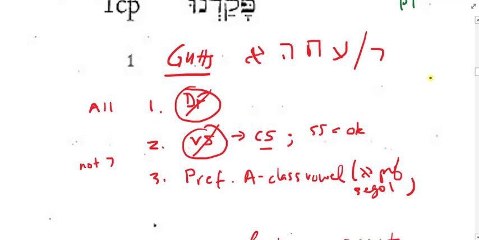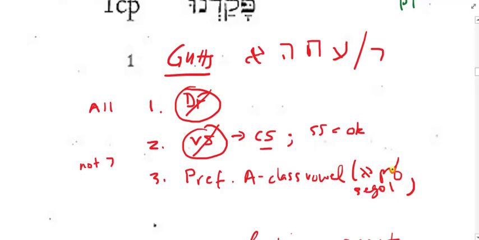What are the characteristics of these? For all of them, they don't take a dagesh forte from anyone. Number 2, when you want to put a vocal shewa under a guttural, you can't. What do you have to put instead? You have to put one of the compound shewas. Which one do they like? Most of all, the A-class ones, right? Are silent shewas okay under a guttural? Yes, they are. And then they have a preference for A-class vowels. Aleph does like segol, so if Aleph can get a segol, it will.